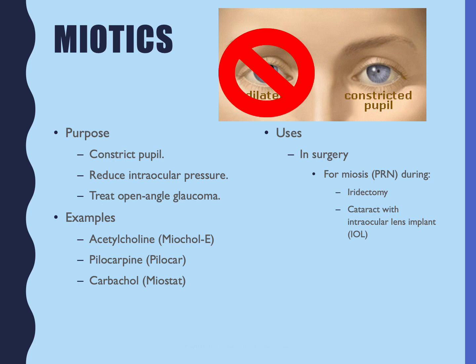We abbreviate that as IOL after a cataract extraction. And because pupil constriction reduces intraocular pressure, Meiotics are often used in the short term to treat glaucoma. There are some side effects, and those can include eye, eyebrow, or eyelid pain, blurred vision, abdominal cramps, and diarrhea.